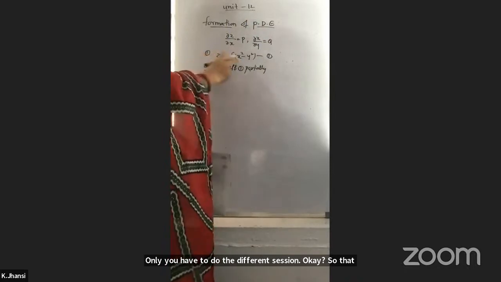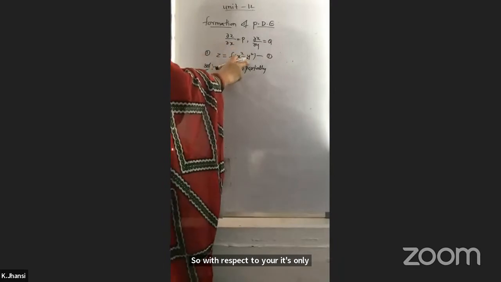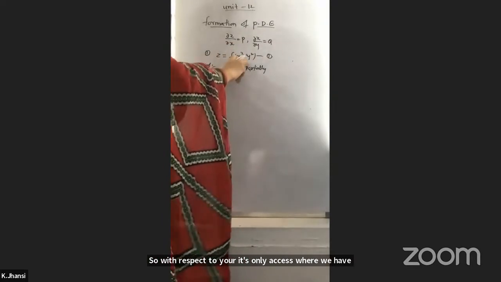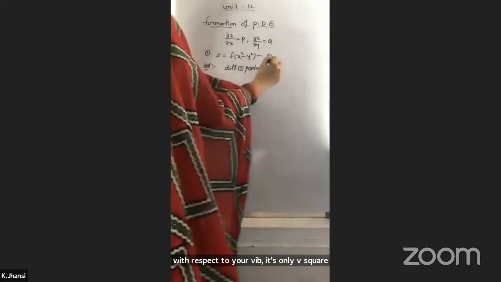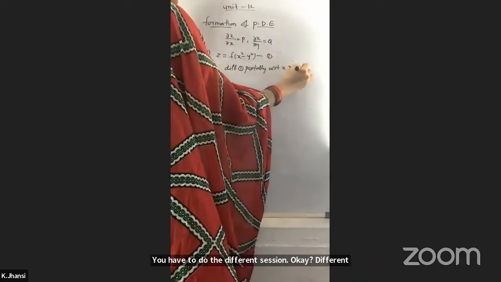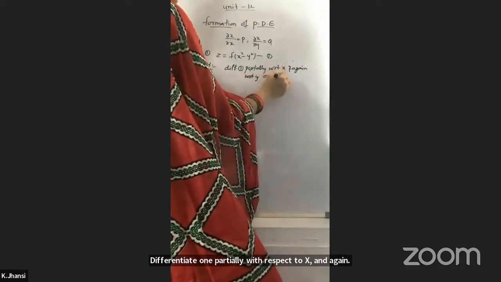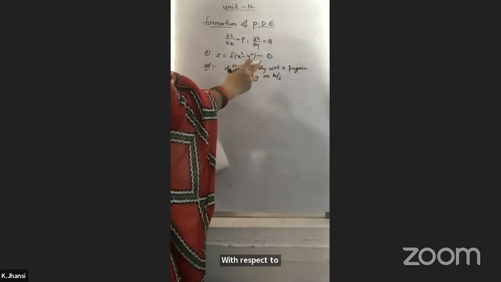With respect to x, only x square we differentiate. With respect to y, only y square we differentiate. Differentiate 1 partially with respect to x and again with respect to y on both sides. I am writing both at a time.